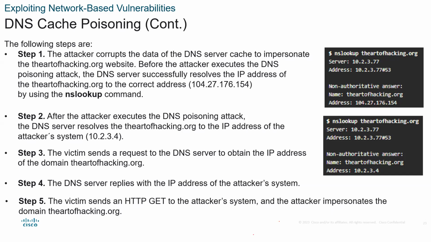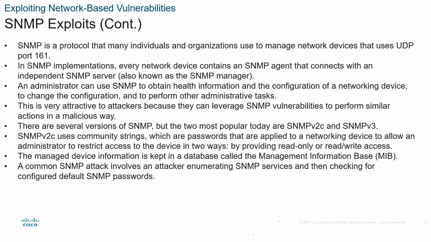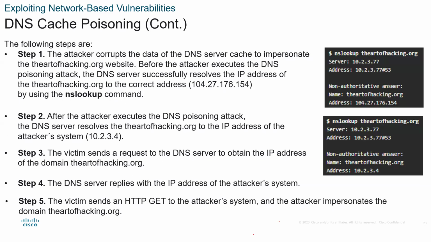The attacker, who is now impersonating artofhacking.org, would send its information. It could be a script, it could be an injection, it could be whatever. It's now compromised, and from that point on, it's hard.